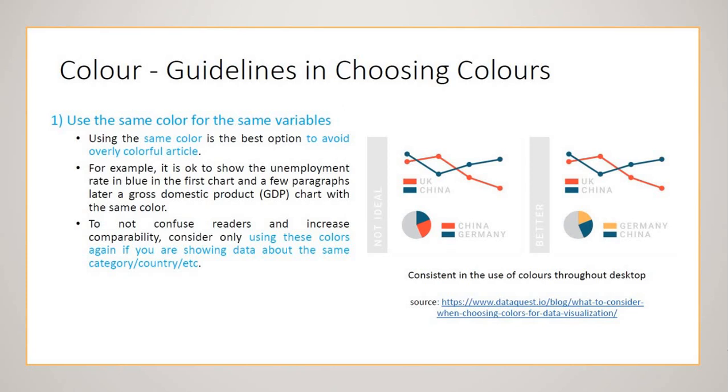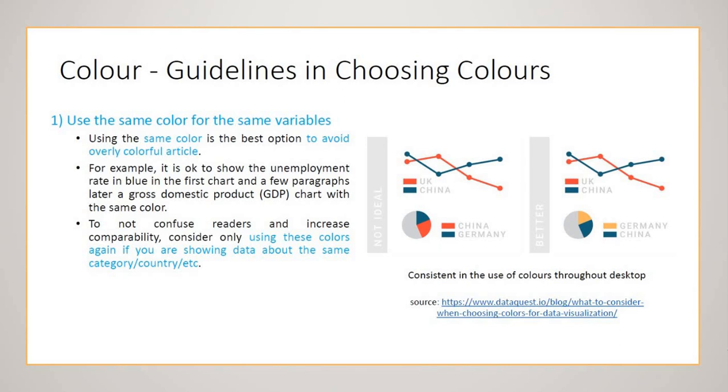Walaupun sekarang ni China dengan, you compare China dengan Jerman, walaupun tadi UK dengan China, you sepatutnya guna be consistent. Untuk China, kalau you dah guna biru, you guna biru lah. Okay? Supaya tak confuse. Kadang-kadang target audience bila sekali tengok dia boleh jadi confuse. So use the same color for the same variables.